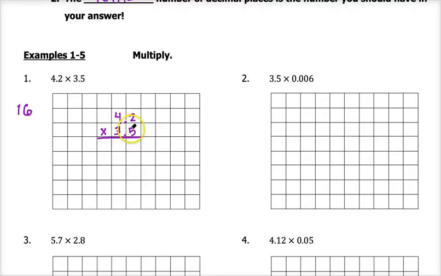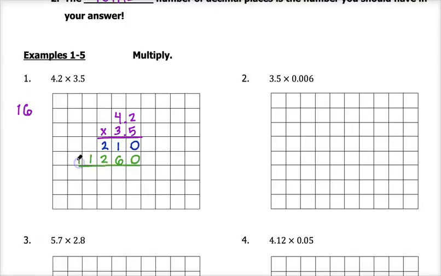We need to first multiply our 5 times 2, which is 10, carry our 1, 5 times 4, which is 20, add 1, that is 21. And then this is two-digit multiplication, so now I'm going to add a 0 to the next line and multiply by 3. 3 times 2 is 6, and 3 times 4 is 12.